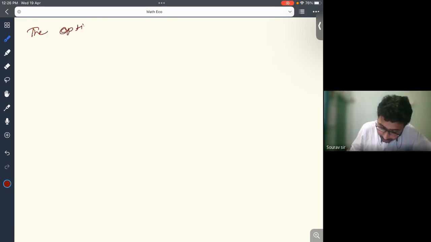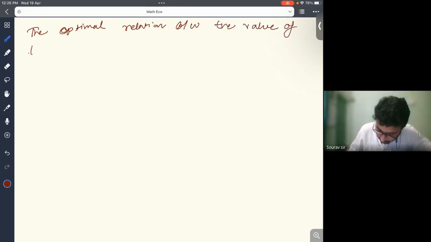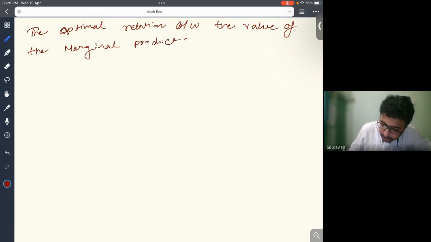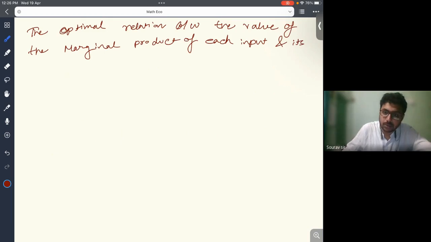So the optimal relation between the value of the marginal product of each input and its price is, so we will use VMPL.